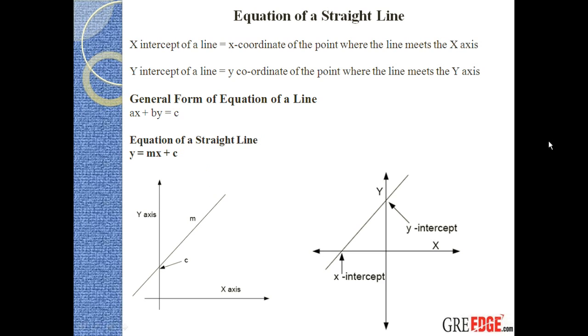Rhythm Pandey, actually the c stands for the y-intercept in the second equation, y is equal to mx plus c. That we will be seeing in the next slides. Supradeep, the y-intercept point is 0 comma y.